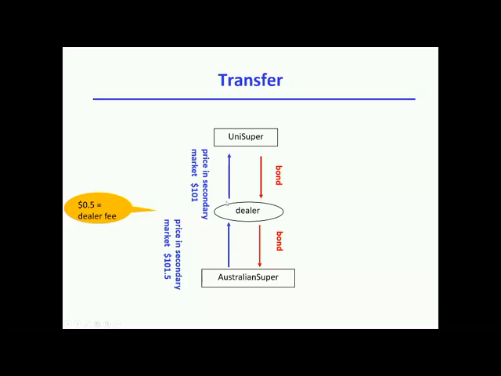Similar with the dealer. So the dealer is like a supermarket for bonds and shares, right? They're collecting a fee as well. That's the reason why we have a difference here between the price that Australian Super is paying for the bond and the price that UniSuper is receiving. 50 cents is going to the dealer. Good. And the bond itself is going to Australian Super.